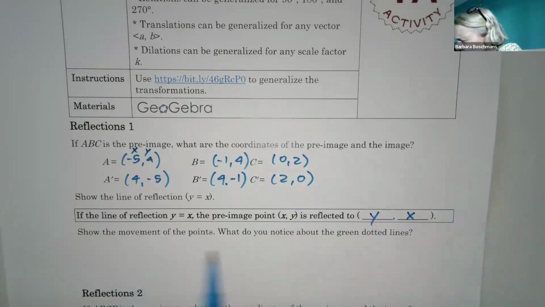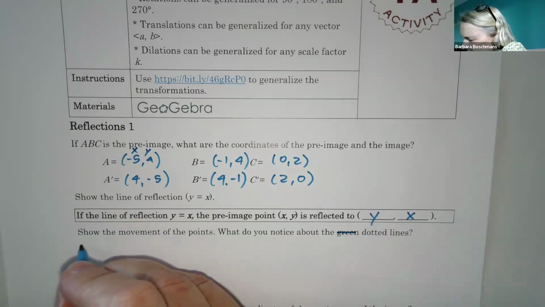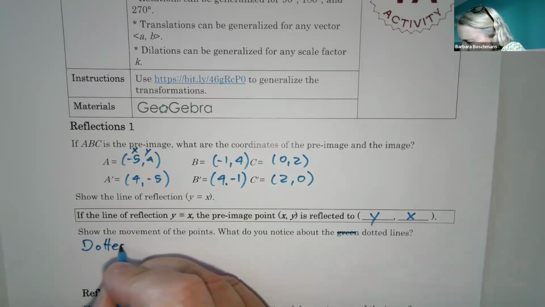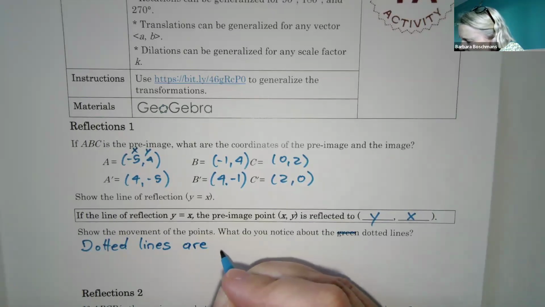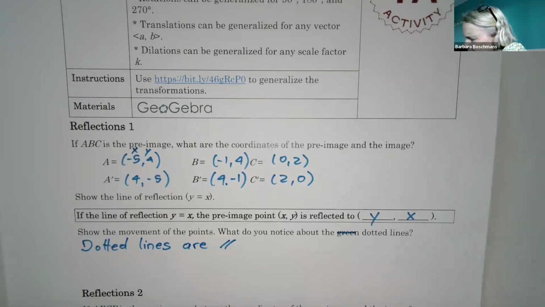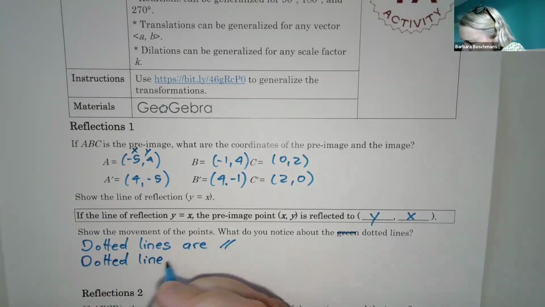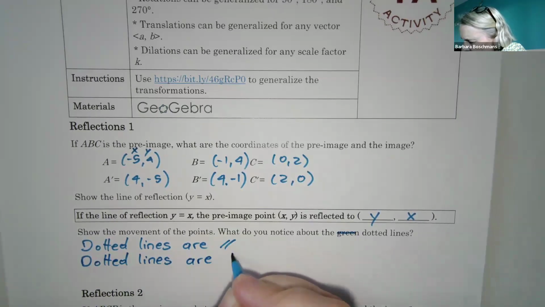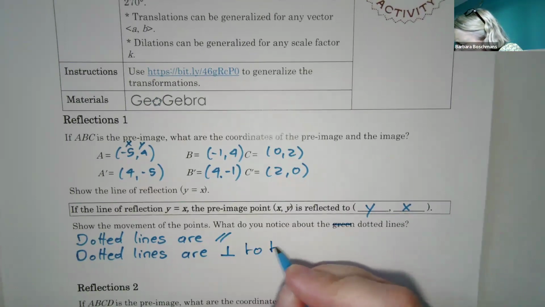When we showed the movement under points, what do you notice about the dotted lines? They were not green, but the dotted lines are perpendicular. That's our upside down T to the line of reflection.